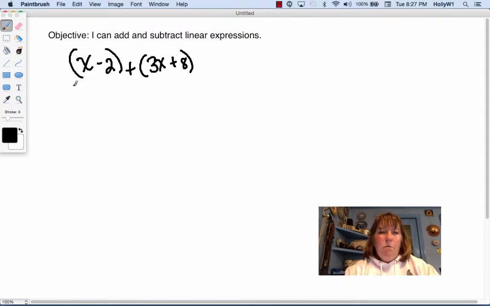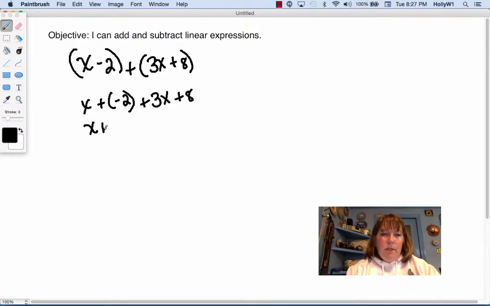So we have an x minus 2 plus a 3x plus 8, and they're in the same form. There's a variable, and then you're subtracting or adding a constant. If we did this linearly, which means that we're thinking of the problem in this direction, we would say x, we're going to add the opposite, so we find the subtraction and change it to adding the opposite, plus 3x plus 8.